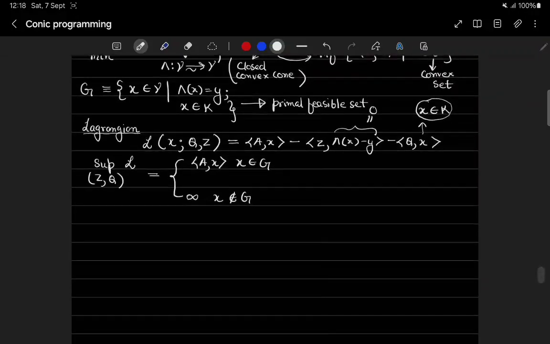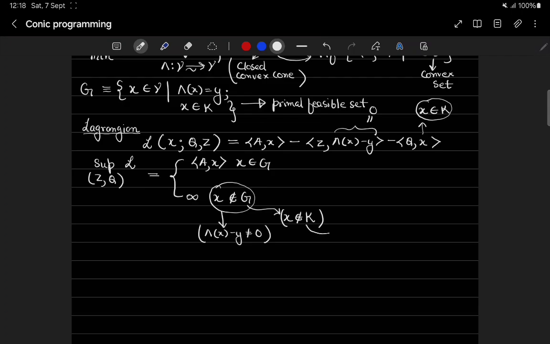So now how can one see this? It's very simple to see. Let's first look at this constraint. Whenever x does not belong to G, it means that either x does not belong to K, or lambda of x minus y is not equal to 0. These are the two possible ways.